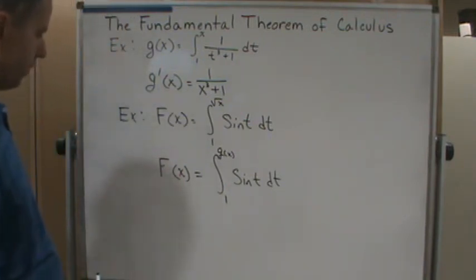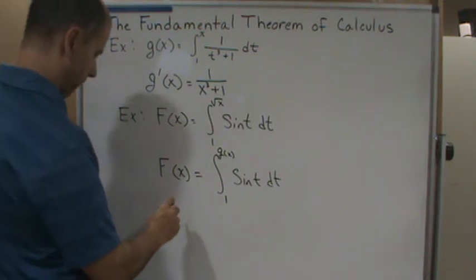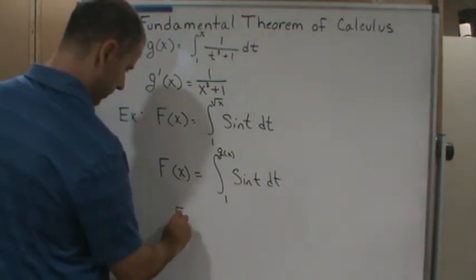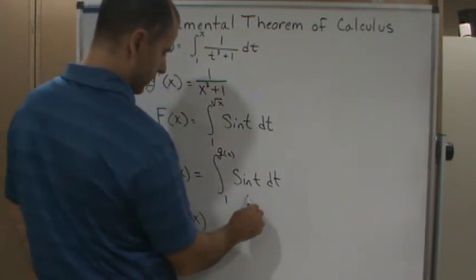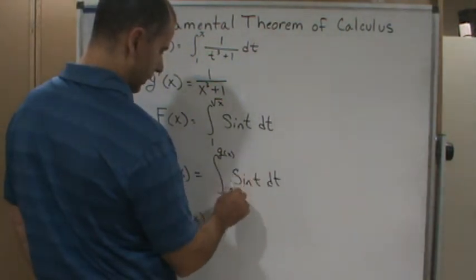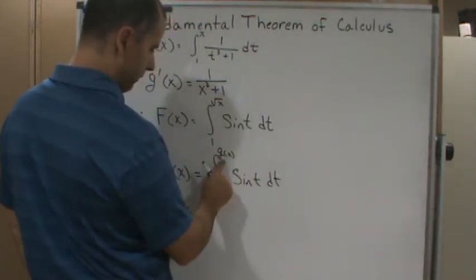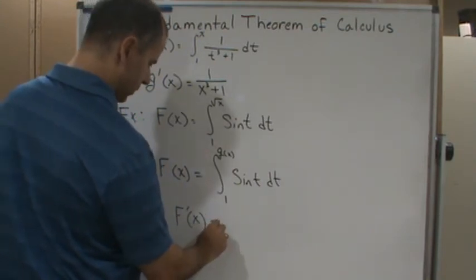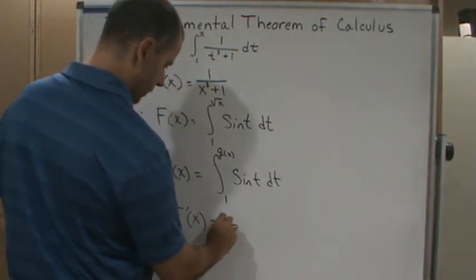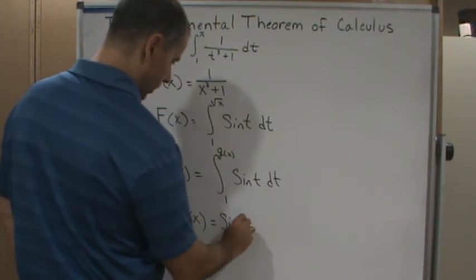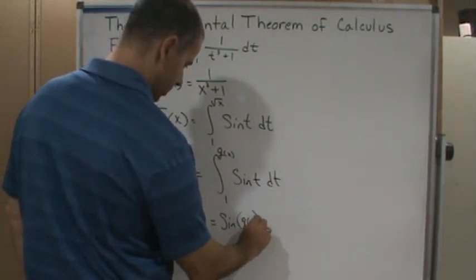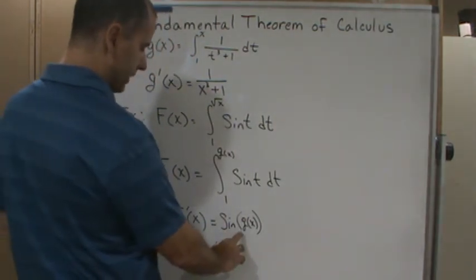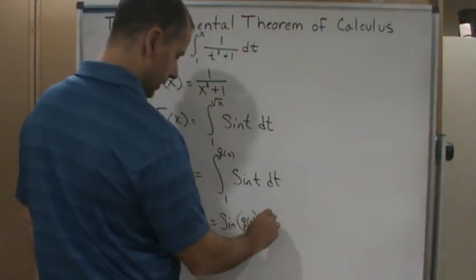if I take the derivative of this, F prime of x, well, again, remember, this is going to be sine t, but it's going to be evaluated here. So this is going to equal sine of g of x, but then we have to take the derivative of the inside function.